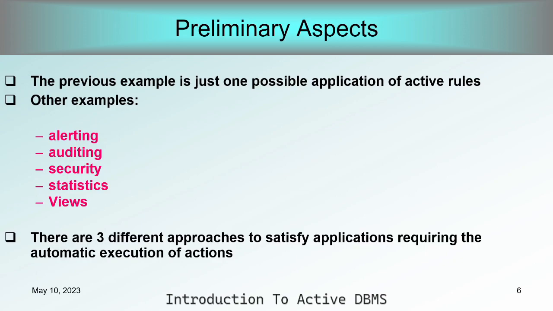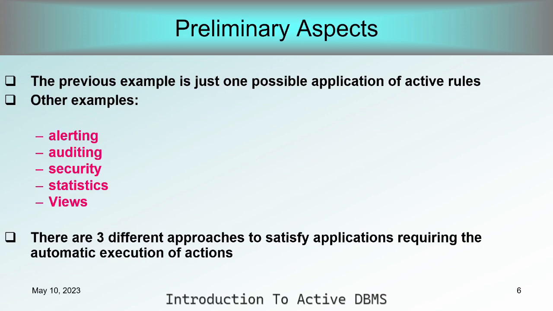One such example can be alerting: if a certain situation arises, then immediately an alert message can be popped up. It can be used for auditing. If there is a security breach, then immediately you can specify the actions to be taken in the security system. There can be some statistic values which you can set, like on reaching a certain threshold value you can react to certain events.